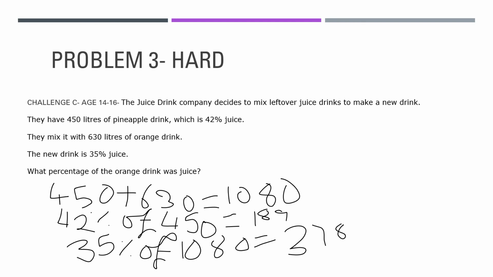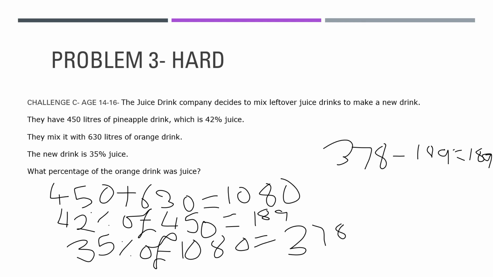So we've got one section and we've got the total. So what we're going to do is total minus the section we know, and that gives us the other section. 378 minus 189 is 189. A bit funny that they're both the same amount. I'm sorry for that sneeze in the background, but let's get on with our question.